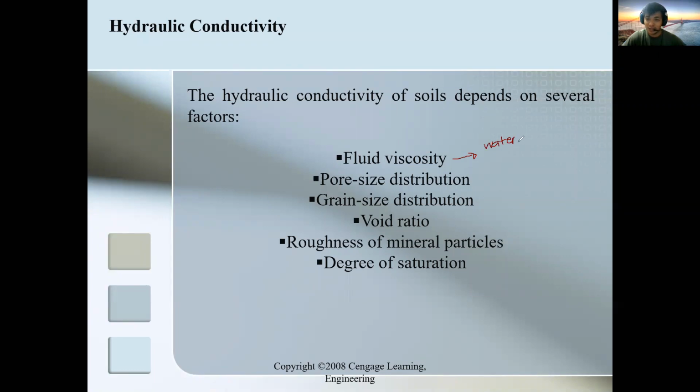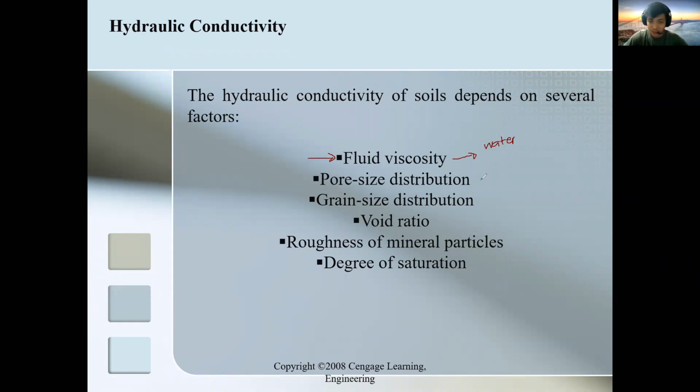It could be sludge, garbage sludge, oils, chemicals. There are many different types of fluids that can flow into your soil. That's why the number one factor that affects the hydraulic conductivity of your soils is your fluid viscosity. You have different viscosity per fluid type: water, oil, and so on.